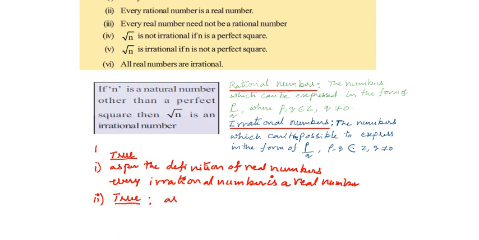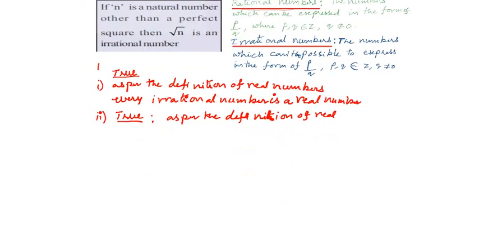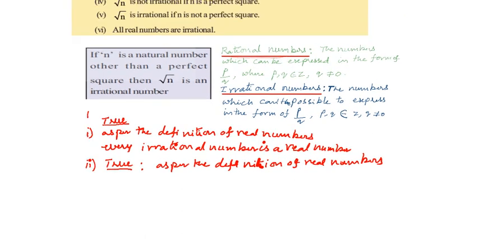Again you write as per the definition of real numbers. What do you say? What is the definition of real numbers? Both rational and irrationals altogether are called real numbers.